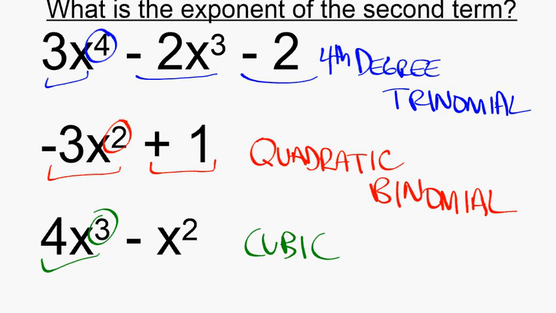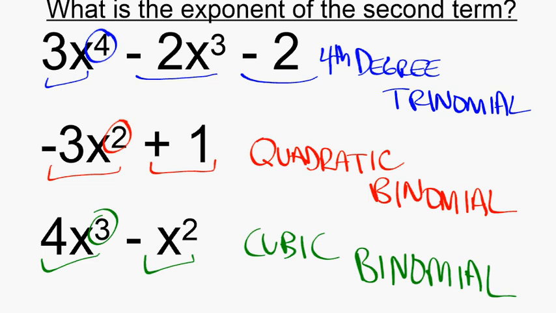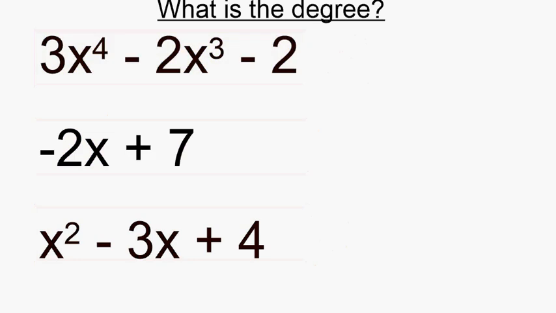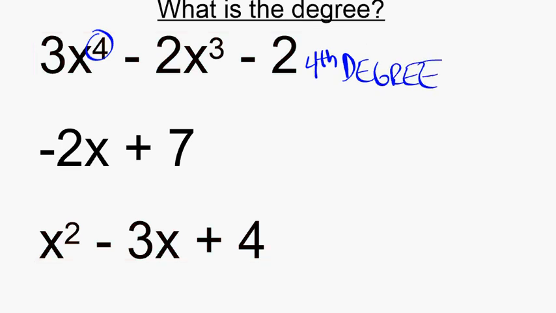And since there's 1, 2 terms, it is a cubic binomial. Next page. We have the largest exponent of 4 again. So this is a 4th degree. And since we have 1, 2, 3 terms, it's a 4th degree trinomial.